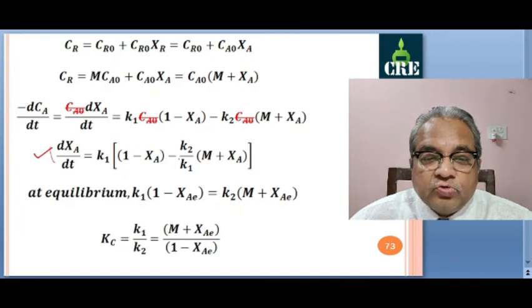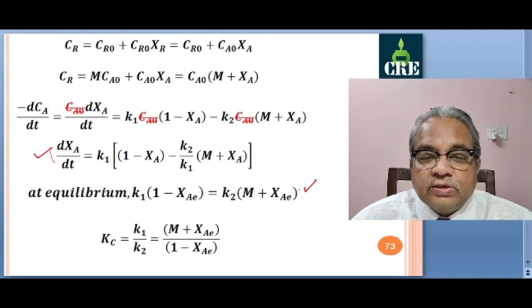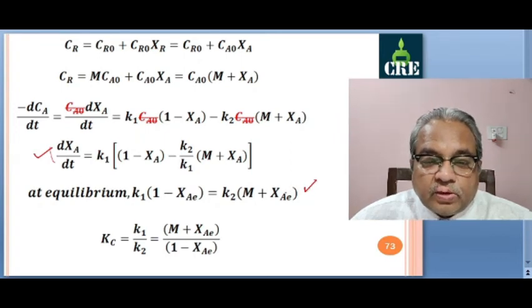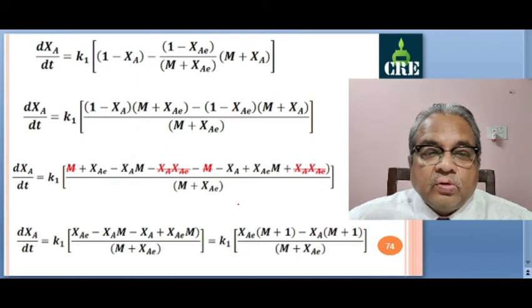Equating this to 0, K1 into (1 minus XAE) is equal to K2 into (M plus XAE). So at equilibrium this condition will be satisfied, and we are writing XAE as the equilibrium conversion. So Kc is equal to K1 by K2, which can be written as (M plus XAE) divided by (1 minus XAE).